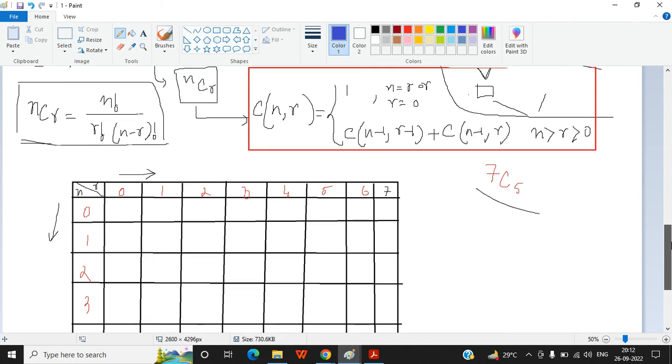Now consider this recurrence relation. For r equal to 0, what will be the value of nCr? It will be 1.